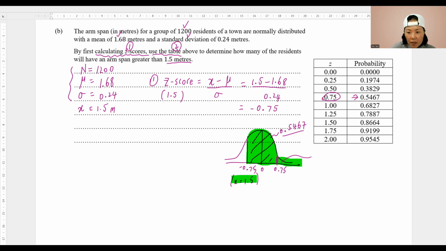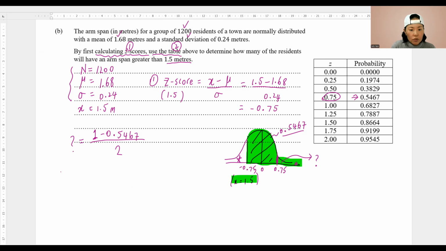So how are we going to find this area? The bell curve total area is 1 because of the probability. You can't have more than 1. Now, we do have the middle section. If I take that away, which is 0.5467, I've got left with this section and this part. Because they're symmetrical, when I take away the middle part, I get two symmetrical areas, the same area at each end. I'm just going to halve those.